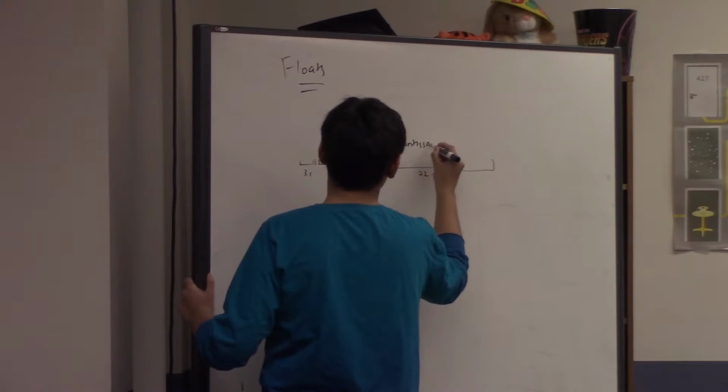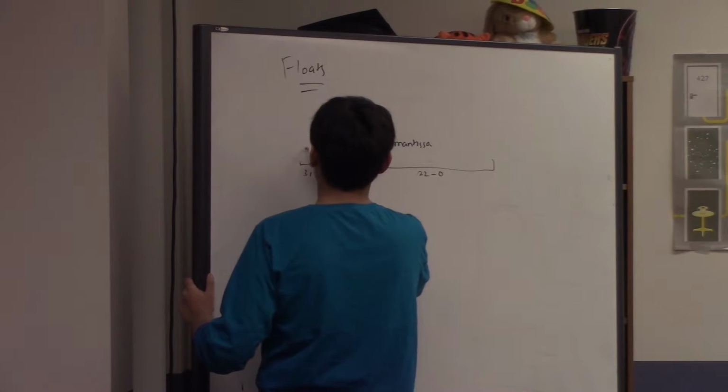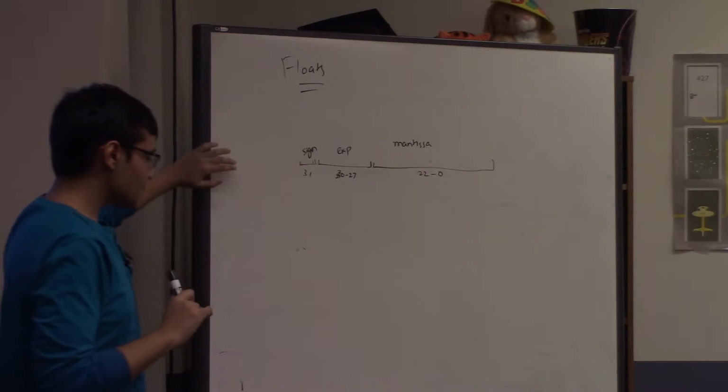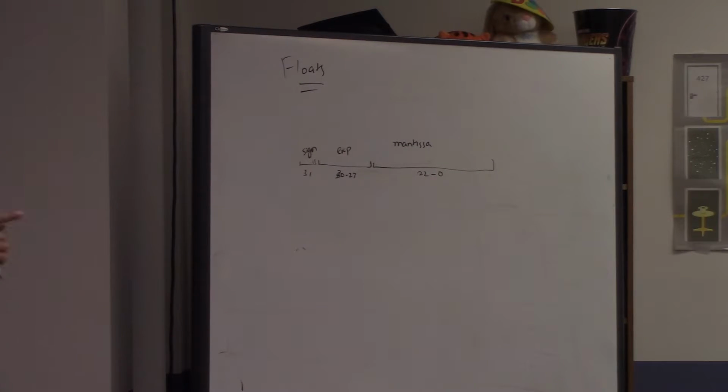Mantissa, exponent, sign. Okay. So they have a 32-bit string, and that's what they're using to represent floating point numbers.